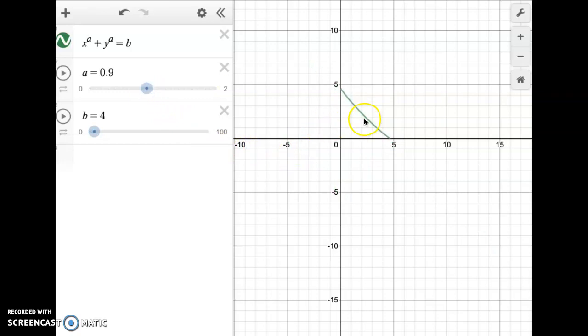So here's 0.9. Since it's less than 1, we're going to see it go towards the origin. But instead, it actually just moves, which is very, very interesting. And then let's see if the same happens when it's greater than 1. So here's 1.1, and we see that it too moves. And it tends to stay in this upper right quadrant here.